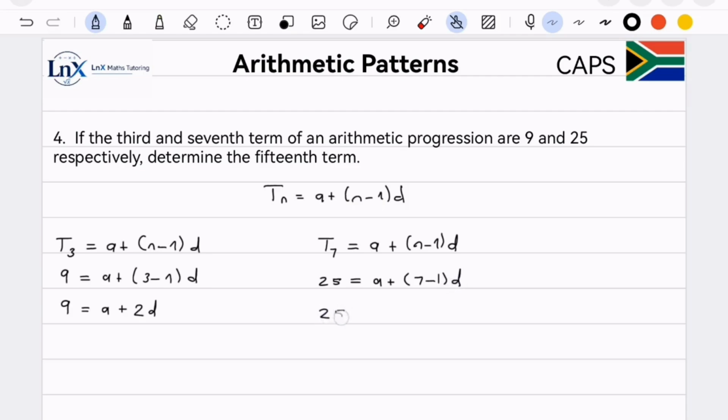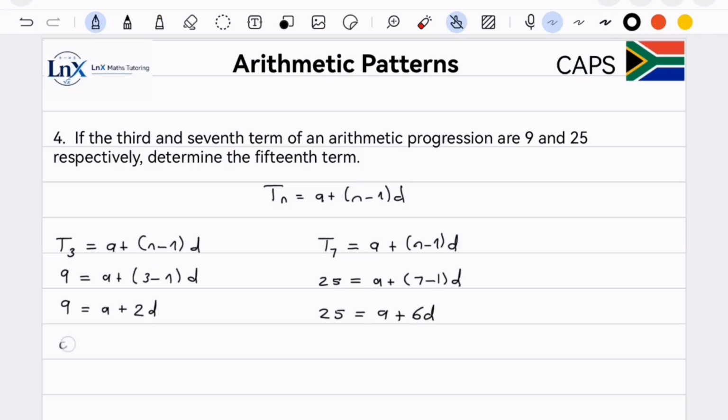Then we have 25 equals a plus 7 minus 1, that's 6, and this will give you 6d, right? And so now we have two equations and two unknowns. And when we have two equations and two unknowns, what do we do? We solve simultaneously.